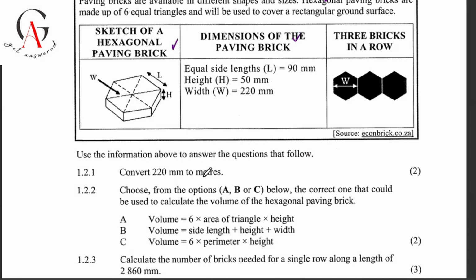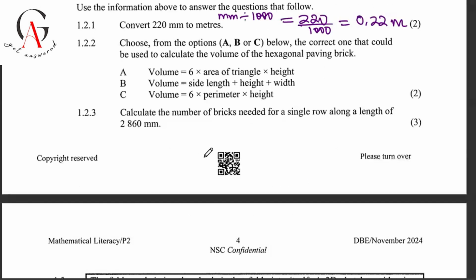Okay, they're telling us to convert 220 millimeters into meters. Millimeters to meters, we divide by 1,000. So this is supposed to be 220 divided by 1,000, and the answer becomes 0.22 meters.